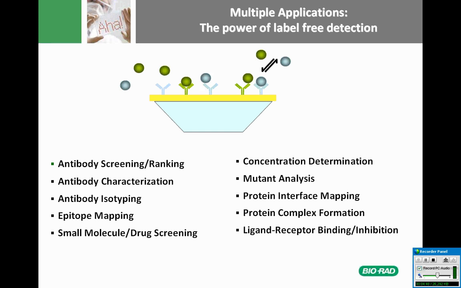If you have supernatants of different monoclonal antibodies and you want to rank them based on their affinity, you can characterize the antibodies to determine the kinetic binding constants, to do isotyping, to do epitope mapping, of course, to screen libraries of small molecules interacting with the target protein, as mentioned, to do concentration analysis, and fundamental or basic proteomics work to determine protein complex formations or dissect the interface of two proteins binding to each other, and so on goes the list.